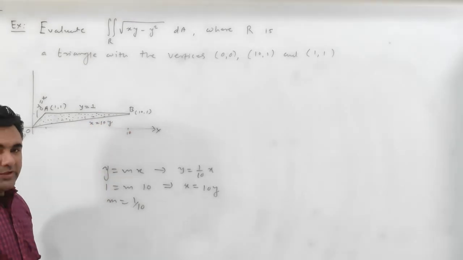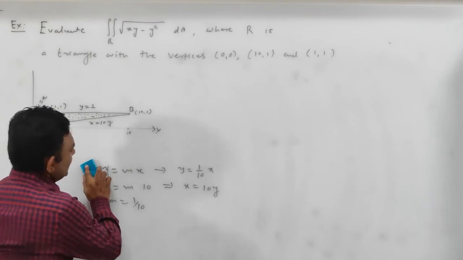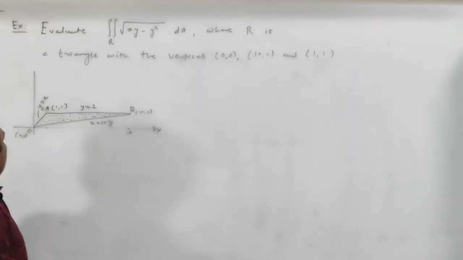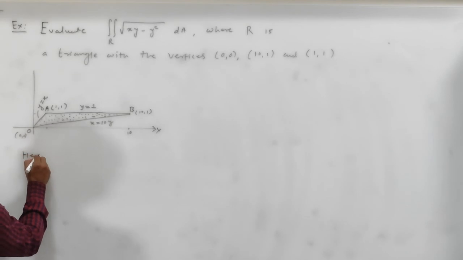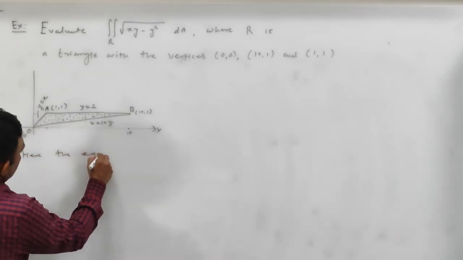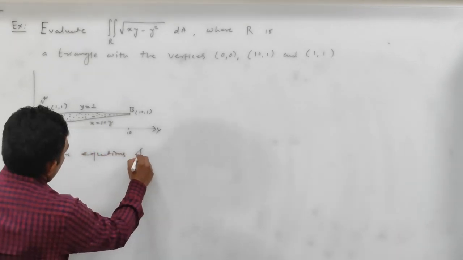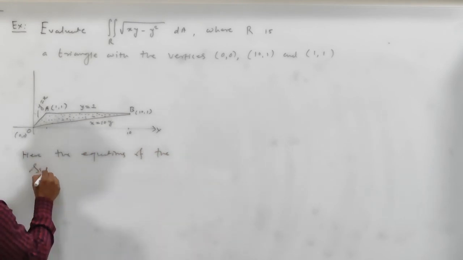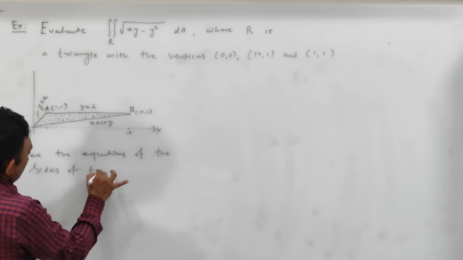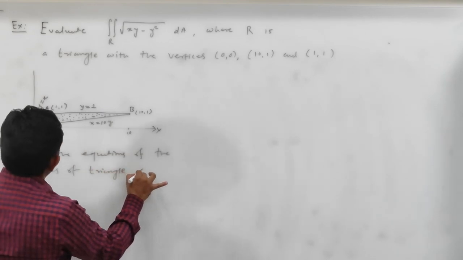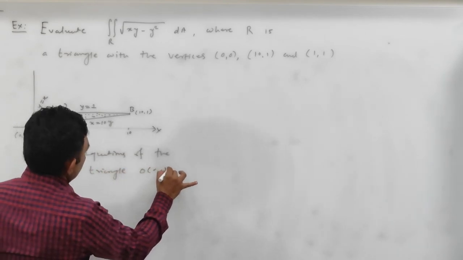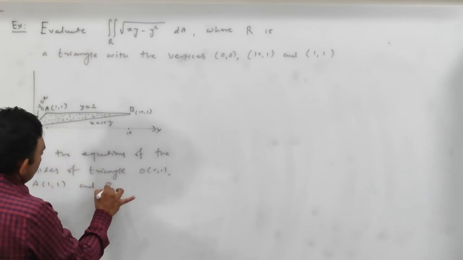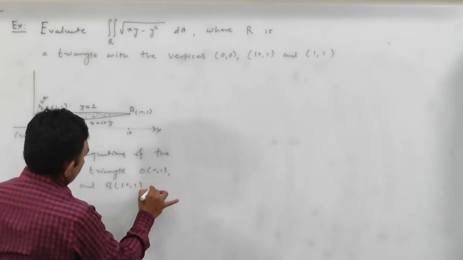So now the equations of all 3 lines are known. Let me directly write the equations of the sides of the triangle O 0, 0, A 1, 1 and B 10, 1.